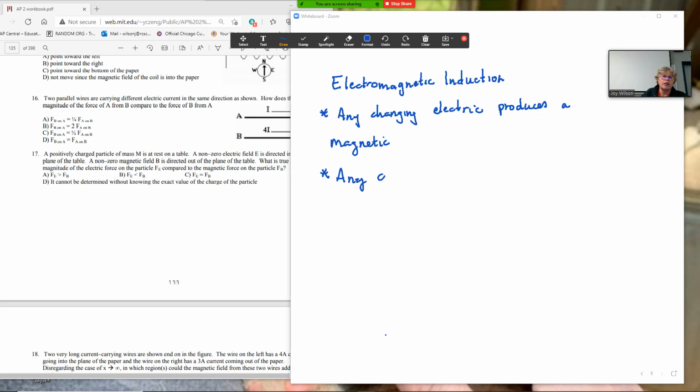Any changing magnetic field, and I shouldn't say induces. Oh, and I left the word field out. Field induces a magnetic field. Any changing magnetic field induces an electric field.